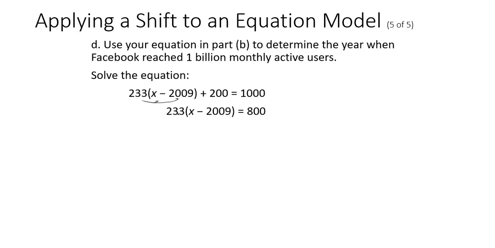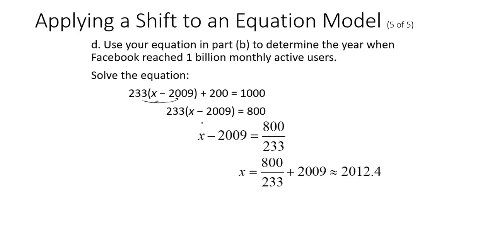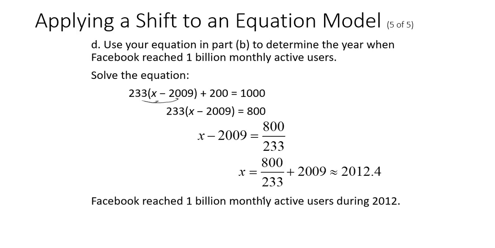In this case we can subtract 200 from each side first, and then divide both sides by 233 and basically solve for x. So approximately, Facebook reached 1 billion monthly active users during 2012.